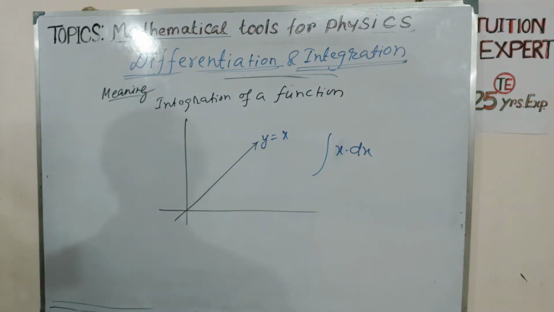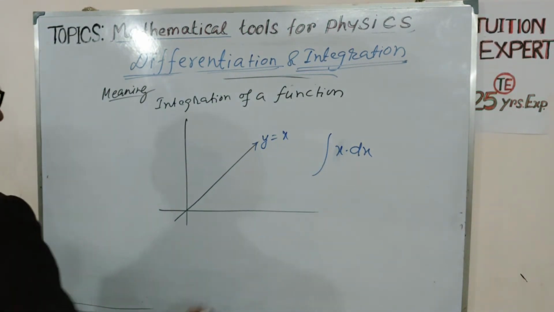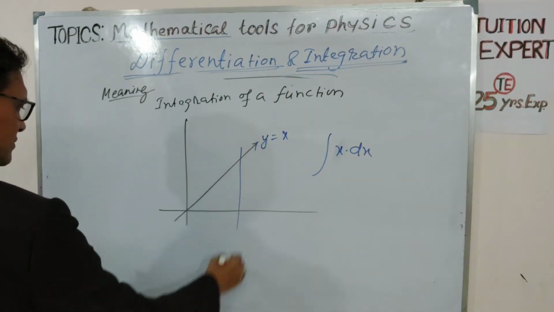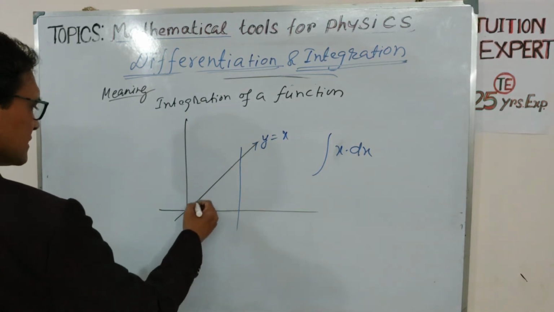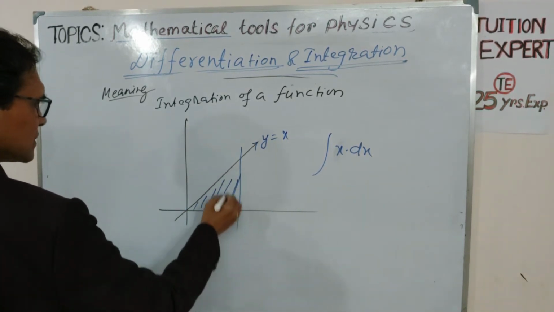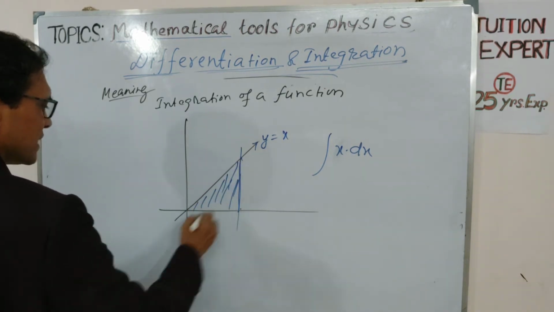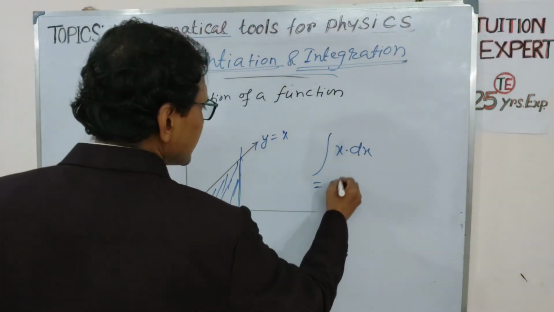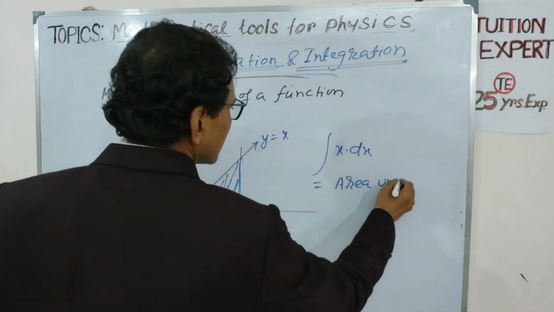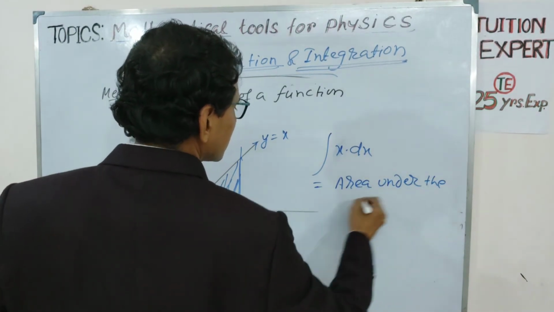What is the meaning of x dx? The meaning of x dx is the area under the curve. x means the function, and this means the area under the curve.